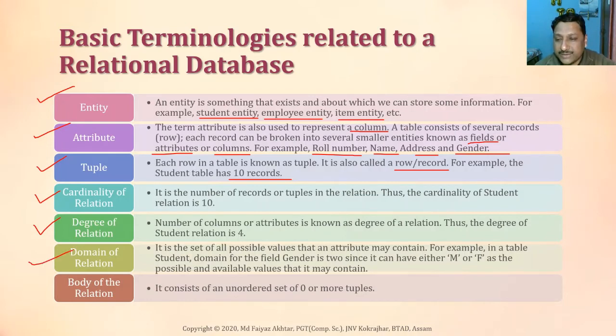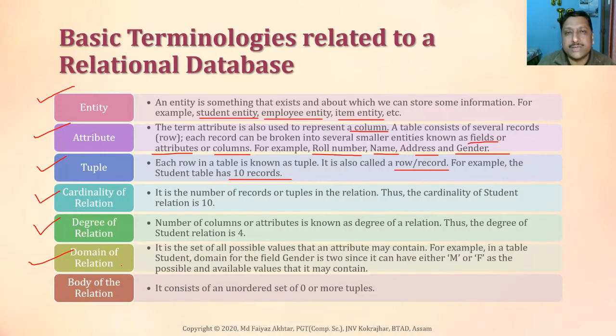Domain of a relation. It is the set of all possible values that an attribute may contain. For example, in a student table, the domain for the field gender is 2, since it can have either M or F as the possible values. Actually, what is domain?